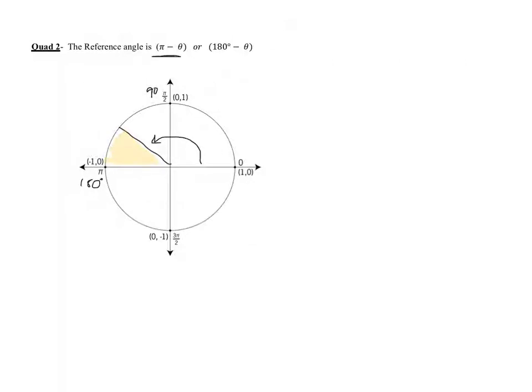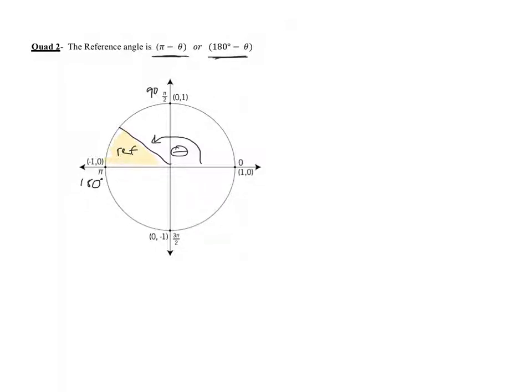So I have it written up here. Depending on whether you're in radians or degrees, if you're in radians, you'll take pi and subtract off your theta, and whatever's left over is the reference angle. And same thing for 180 degrees. You go over to 180 degrees and subtract off theta.